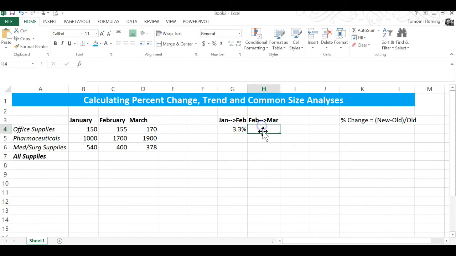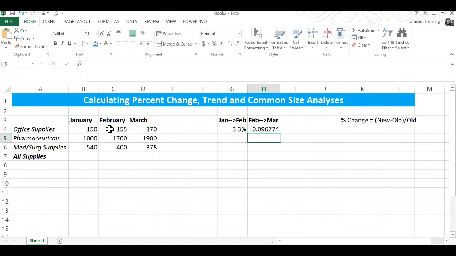So we can do the same for February to March, and now our new and old references change. So equal sign, open parentheses, the new now, when you're looking at February and March, is the most recent, so that's the new. That's 170 minus the old, which is February, 155, close parentheses, divided by the old, which is February, 155.